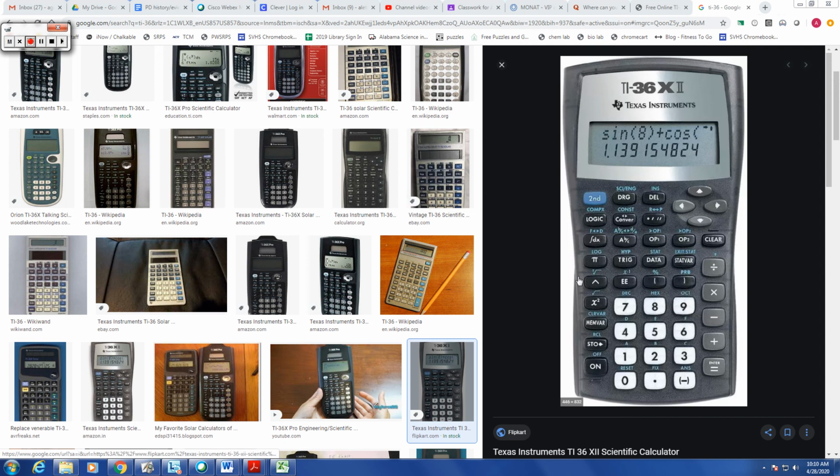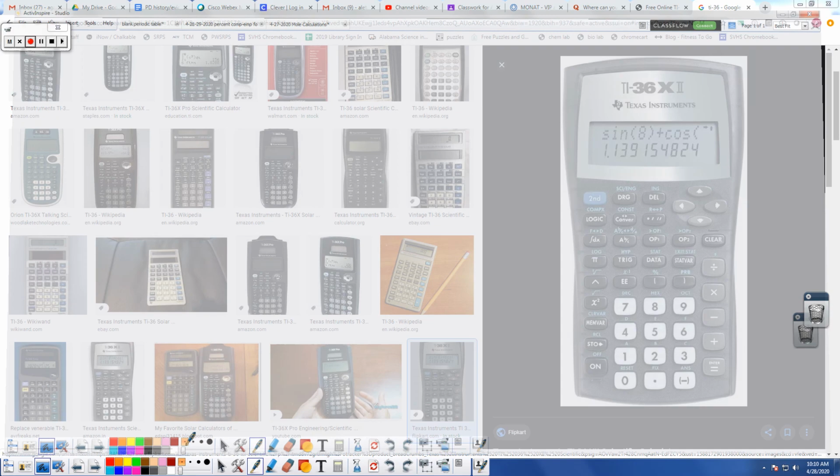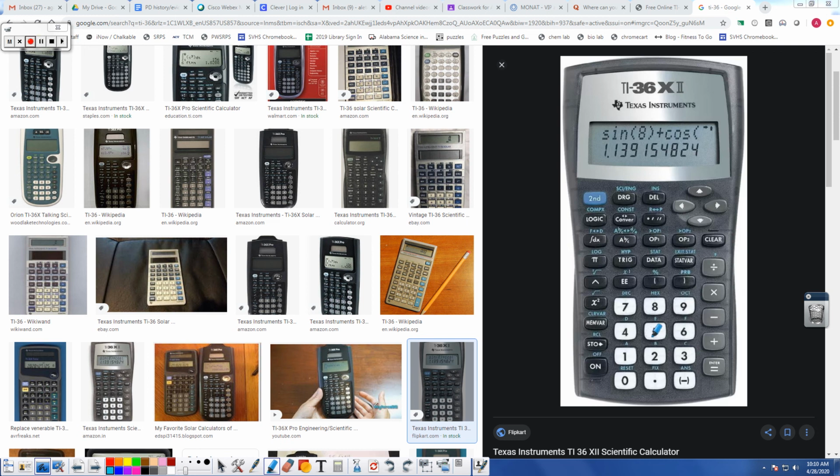Okay, this is a very common calculator. A lot of you may have this one. Now, to get the times 10 to the on this calculator, you're going to use this button right here. Okay, this button right here, that EE button. And when you press that, it's going to put on the screen 1E, and then you just enter your exponent. Okay, now there are other ways to do it.